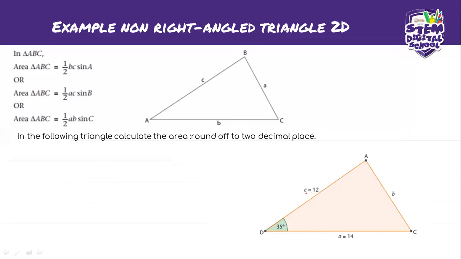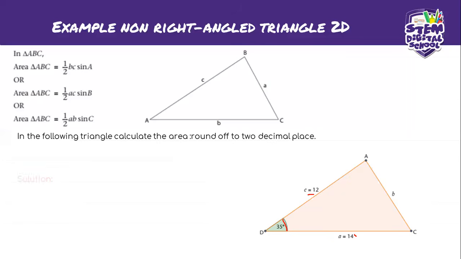Now, in this case, we have side c, which is 12, and then this side is 14. And then we have the angle here. So now, if that is the case, then we'll be able to calculate the area for this triangle.